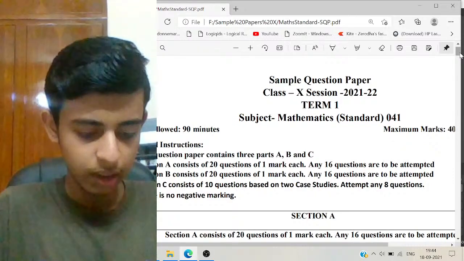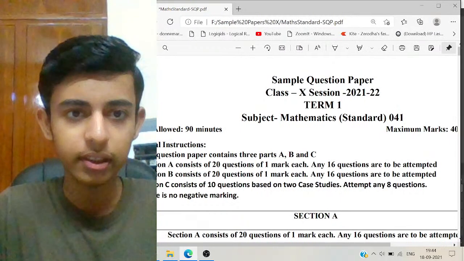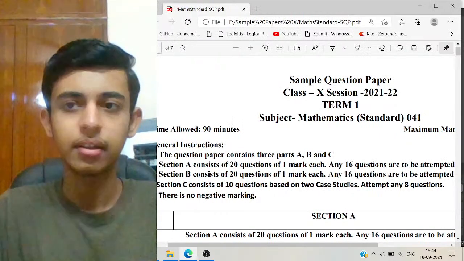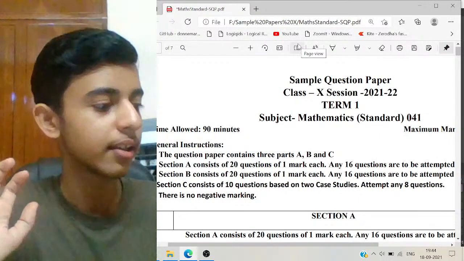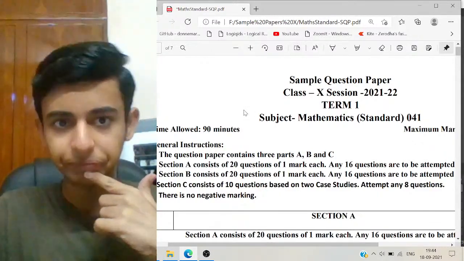Okay, I think it should be shifted a little bit this side. Just a second. Yes, perfect. Fine, so we're getting started.